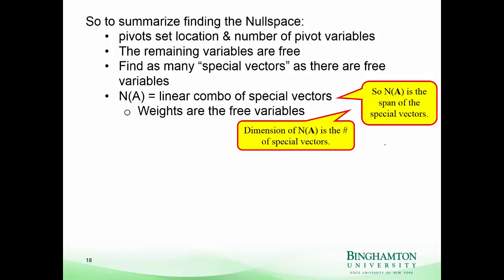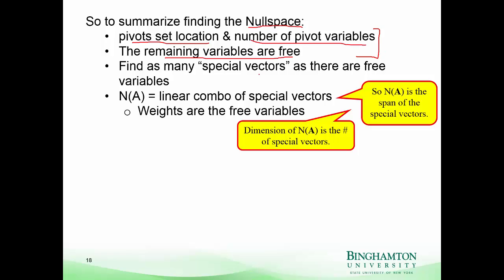So let's summarize some things here as we draw this lecture to a close. It's been a long one, but we had a lot to say. So this is a key idea called the null space. We saw that it is a space, and how do we find it? Well, the pivots set location and number of pivot variables. All the other variables are called free variables, and we saw that the easiest way to identify these things is through the reduced row echelon form.